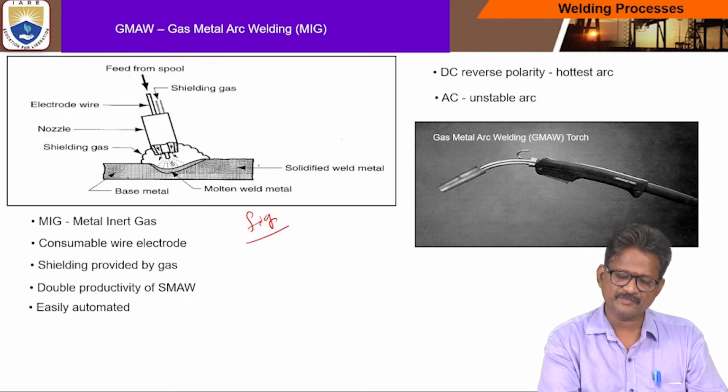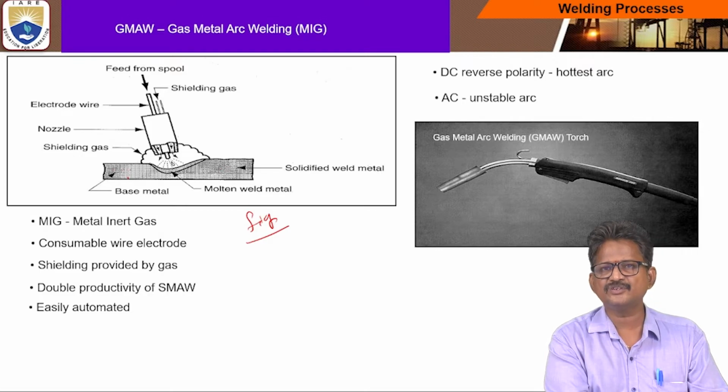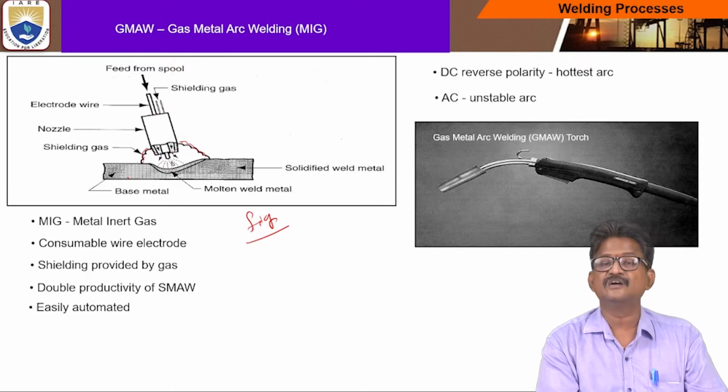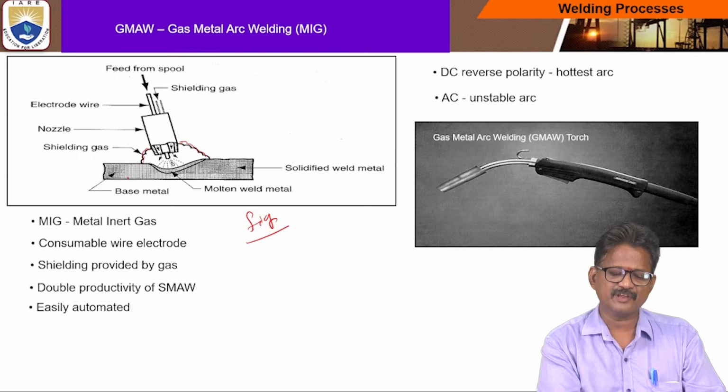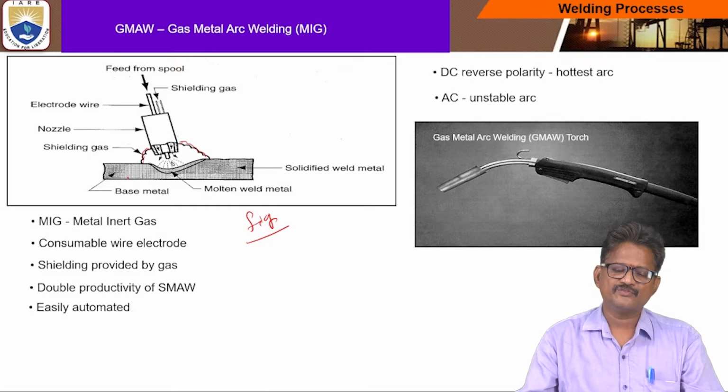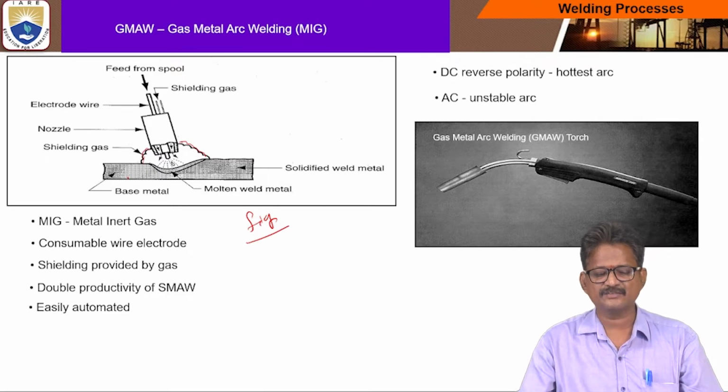Whenever we perform the welding, it solidifies here, and this is where the arc occurs. There is a nozzle, and the electrode is placed at the center of the electrode gun, and shielding gas comes out through the nozzle. And how do you feed that wire from the spool?